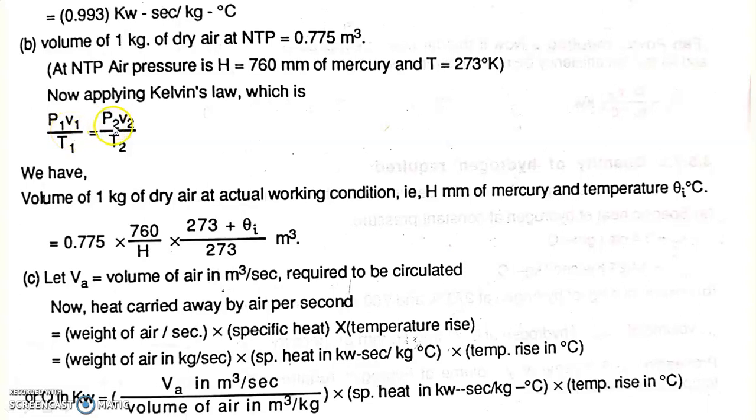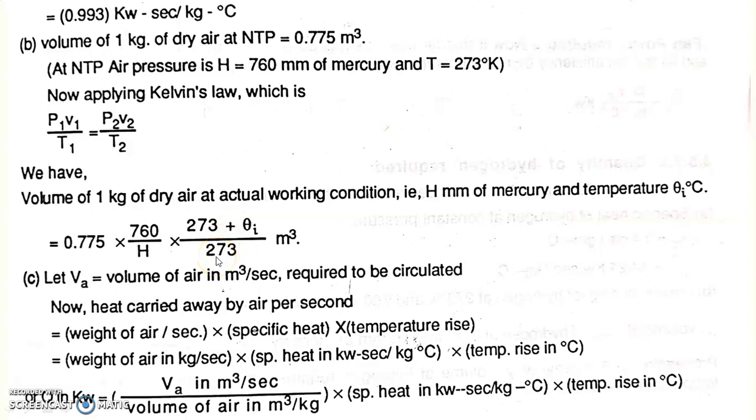You will get V1 is equal to P2 V2 upon T2 into T1 upon P1. So this is the value of P2, this is the value of P1, 760 upon H, and this is the value of T1 divided by T2.